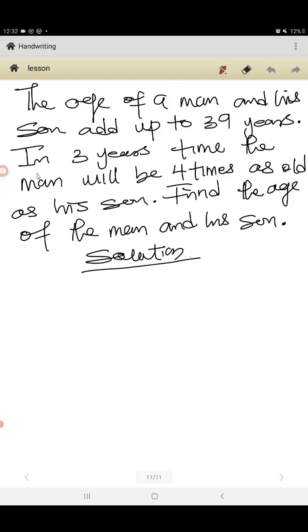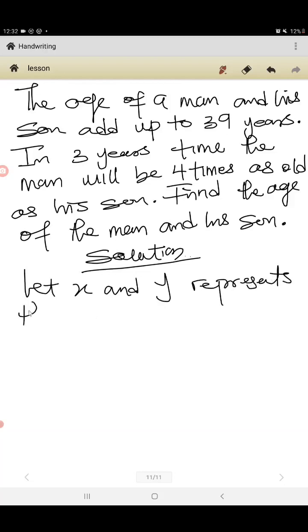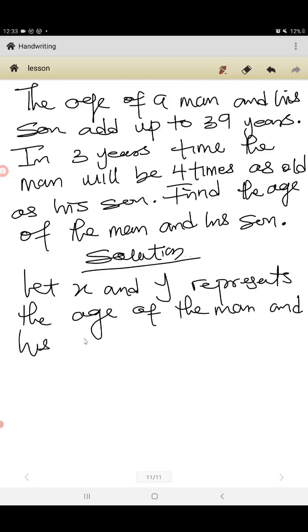The first thing you do, let x and y represent the age of the man and his son.